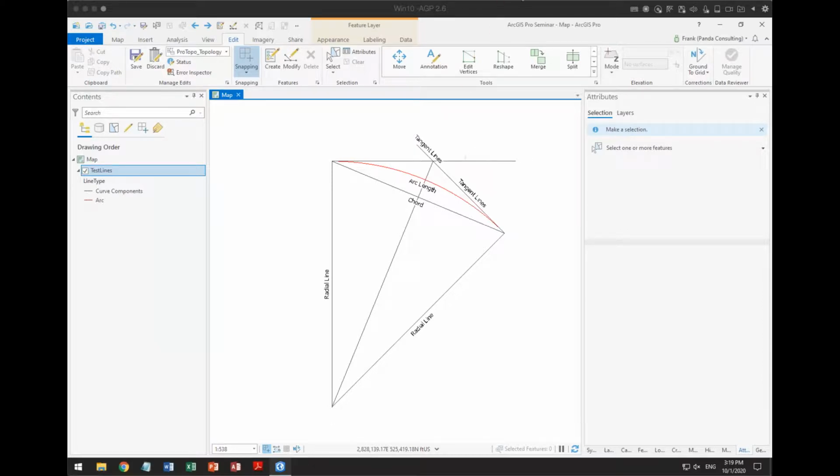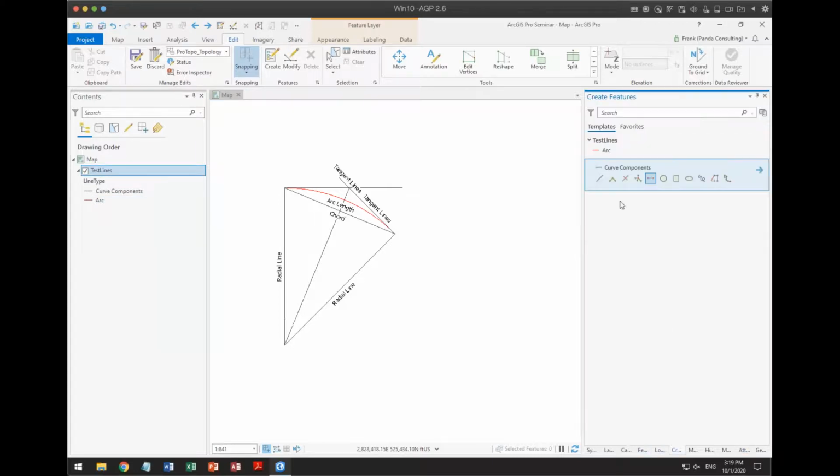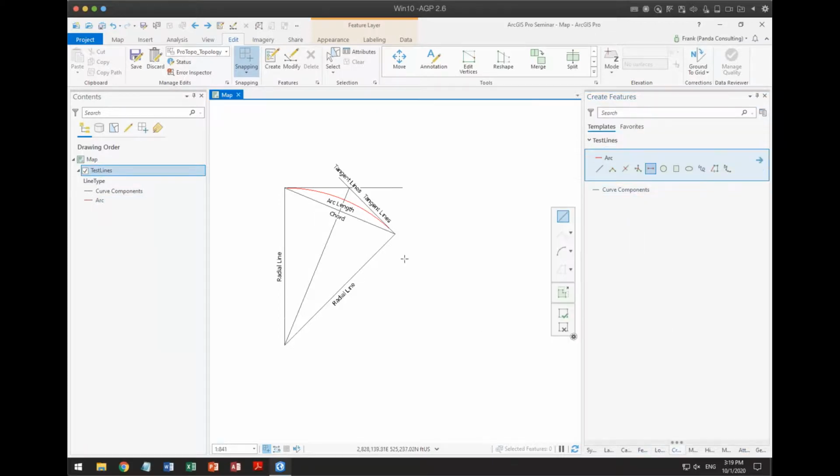All right. Now, once you understand those, then we start making it a little bit more interesting. So let's say, what happens if we want to have one curve which is built on the curve of another curve? All right. So let's go in here to create, and we'll do a new curve here, and we'll start here.